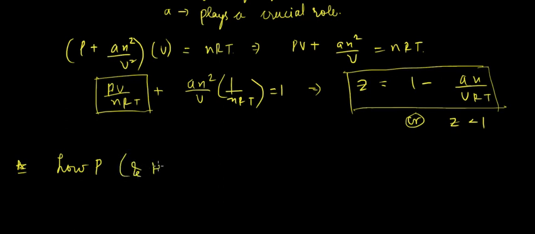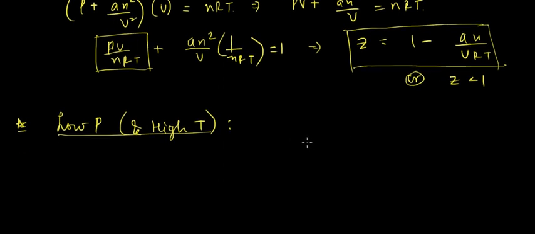Okay. Next condition, let's say we have low pressure and high temperature. So in this case, what will happen? V would be high in this case, because as pressure is low and temperature is high, there has to be one volume condition which has to be high.